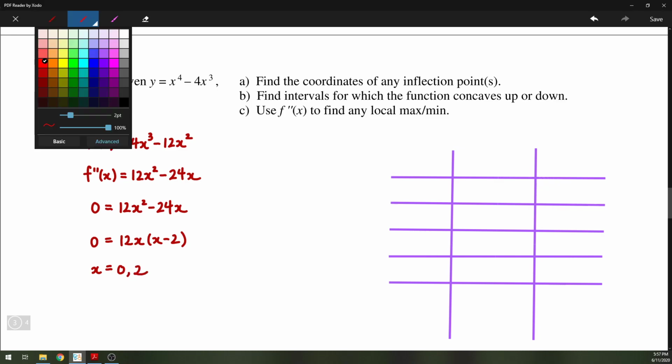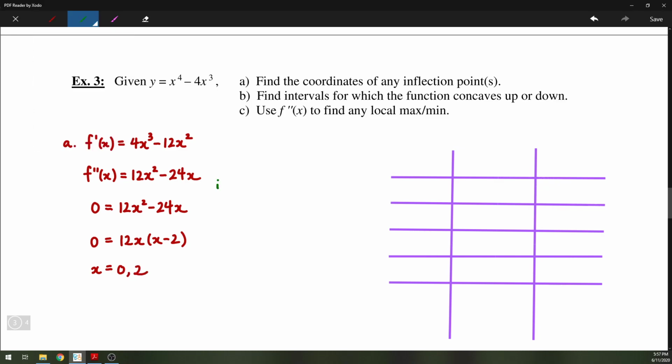So the two inflection points, once again, those are points on the original function, and they will be 0, 0. And then we substitute 2 into the original function, and we'll get negative 16 as the second inflection point.